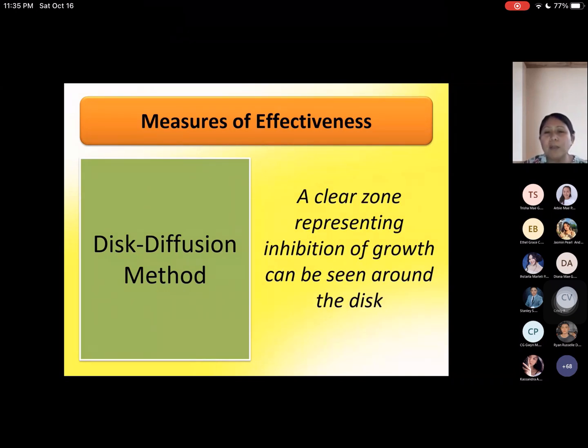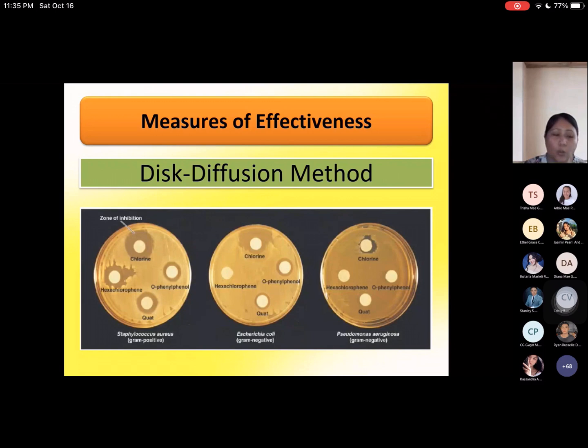In the disc diffusion method, a clear zone representing inhibition of growth can be seen around the disc. You can see this in the video performance that we will be providing in the lab.